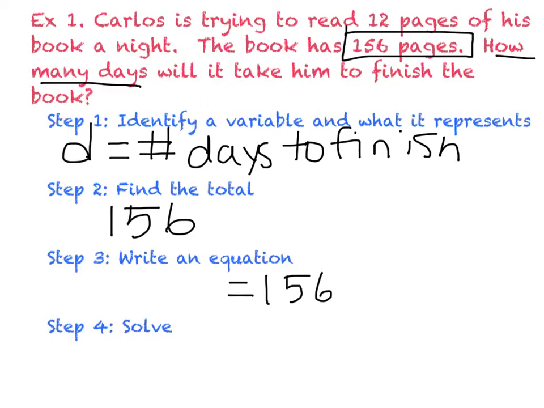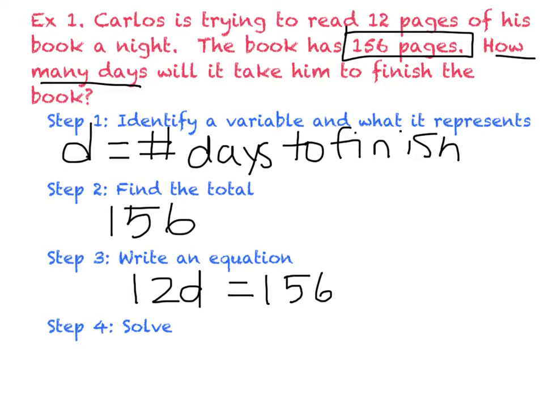Well, I know that if he's reading 12 pages every day, then if I read for 1 day, it would just be the 12 pages. If for my variable D I chose 2, if it was 2 days, I would be reading 24 pages. I know if I read for 3 days then, it would be 36 pages. So the pattern I'm noticing is that I'm multiplying however many days I have by 12. So I'm going to write my equation as 12D equals 156.